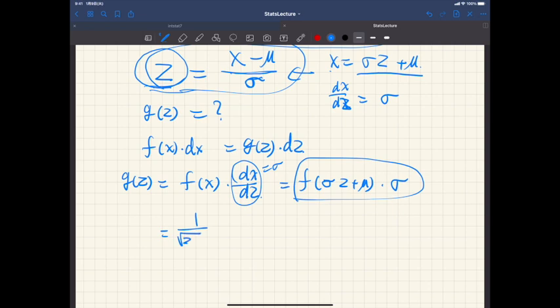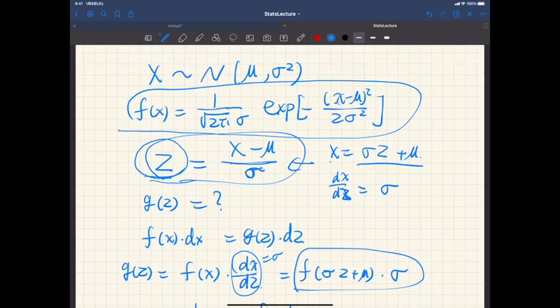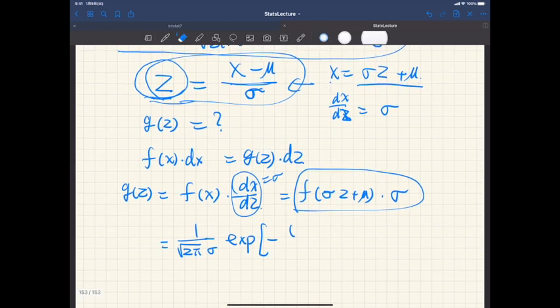That's square root of 2 pi sigma exponential. Instead of x here, we use this sigma z plus mu, plus mu minus mu.